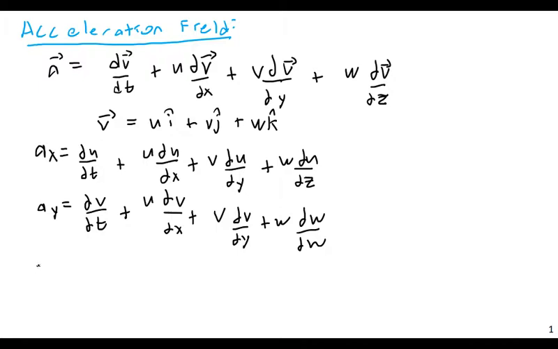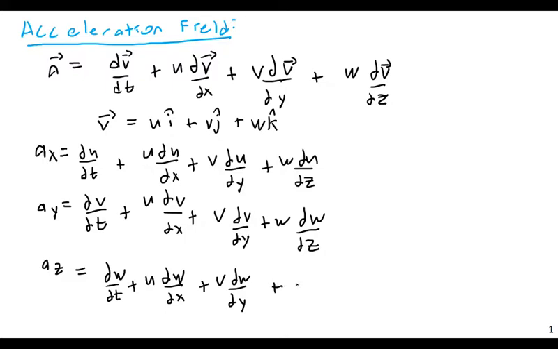And then az is going to be equal to the partial of w with respect to time, plus u times the partial of w with respect to x, plus v times the partial of w with respect to y, plus w times the partial of w with respect to z.